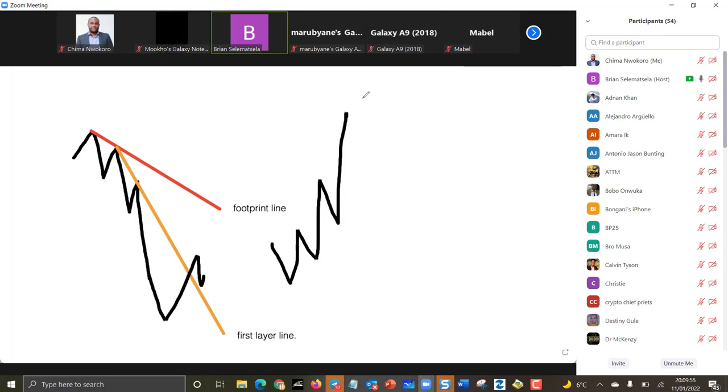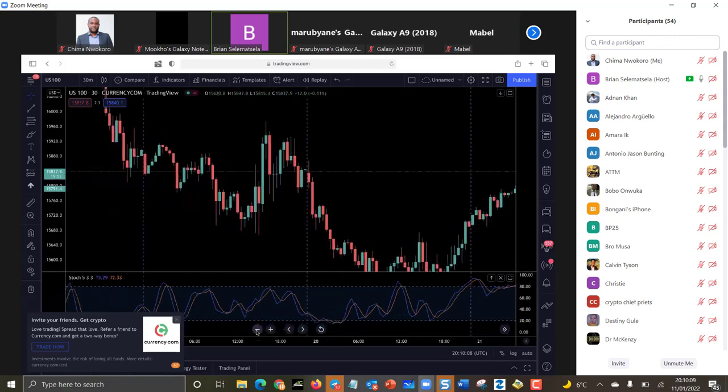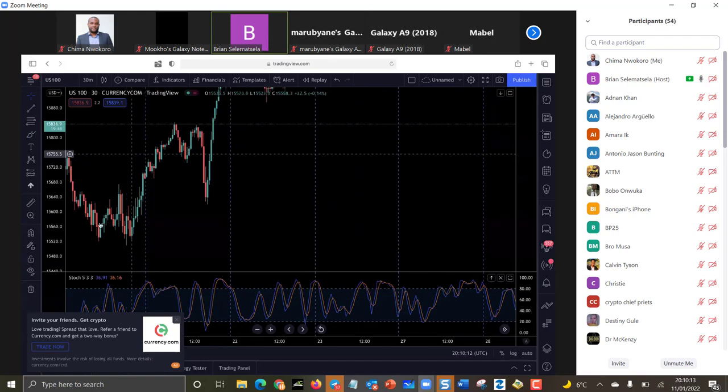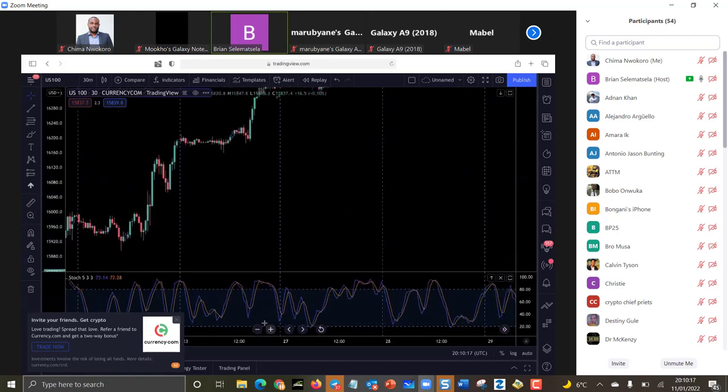From there, what we're going to do is plot divergence between this point and that point. And I want to show you how the divergence is spotted.